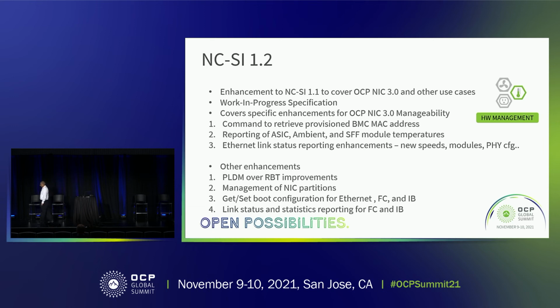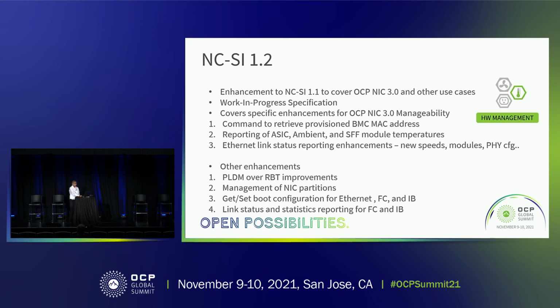All of those are now included in NCSI 1.2. So NCSI now is truly independent of the networking fabric that you might choose, because it can do Ethernet, Fibre Channel, and InfiniBand, all as defined in the 1.2 version. So those are the highlights of things being included in the 1.2 spec.